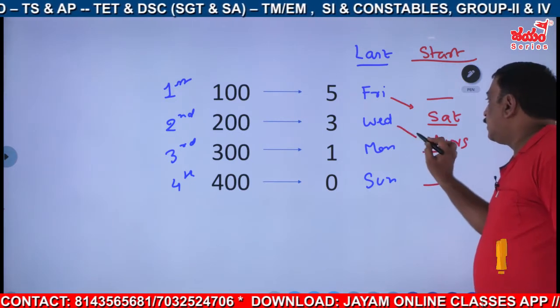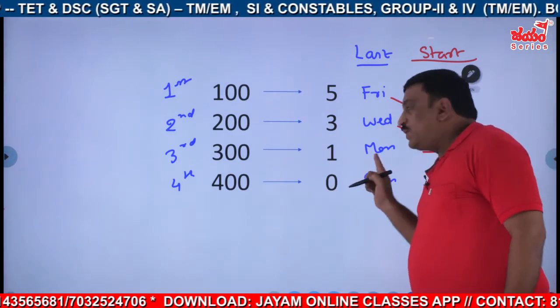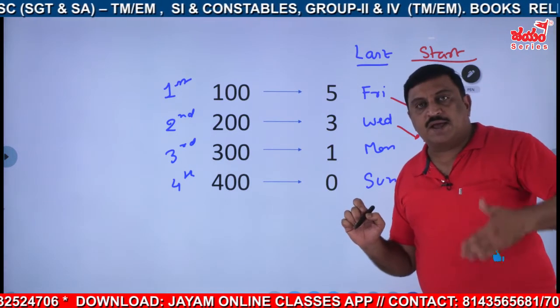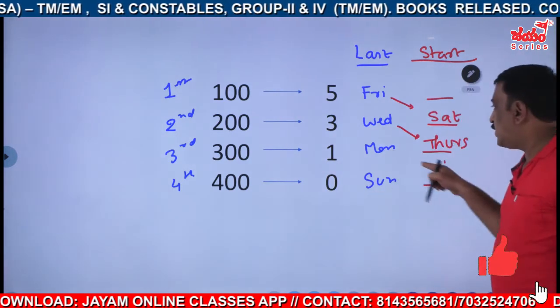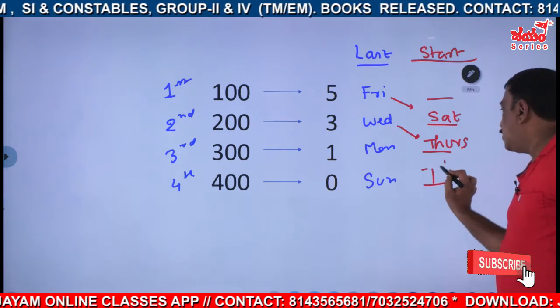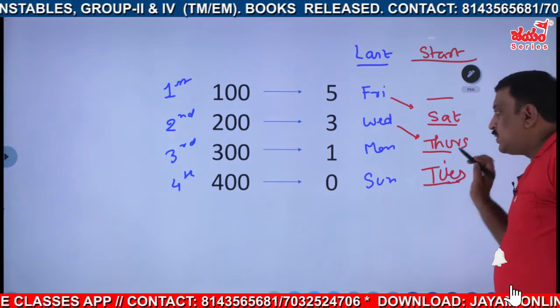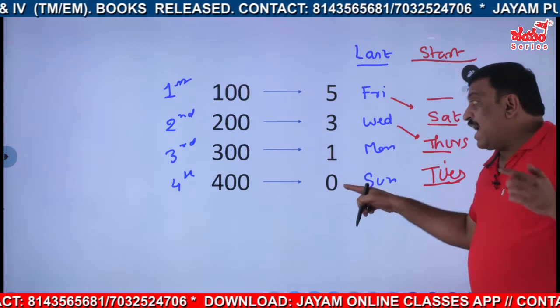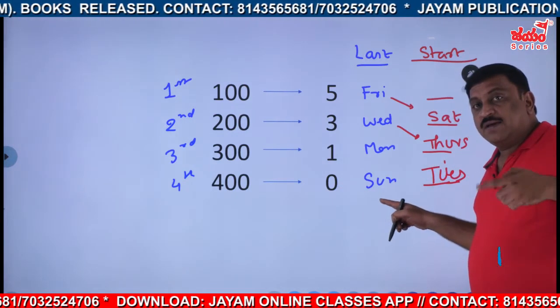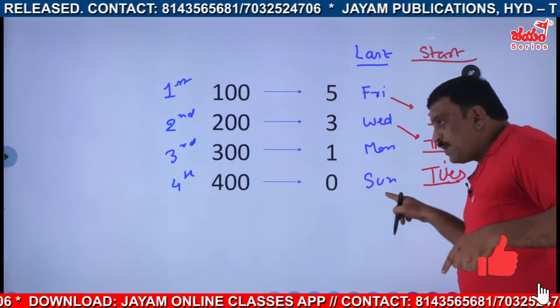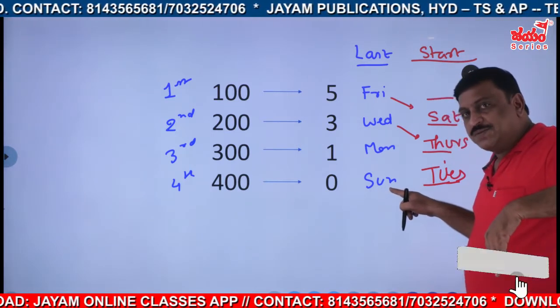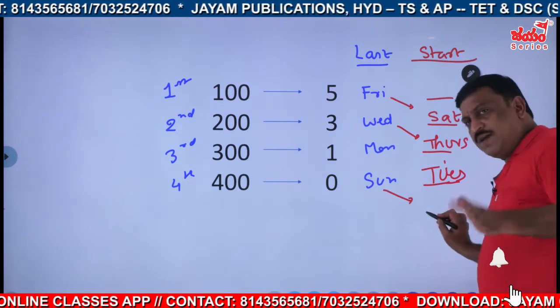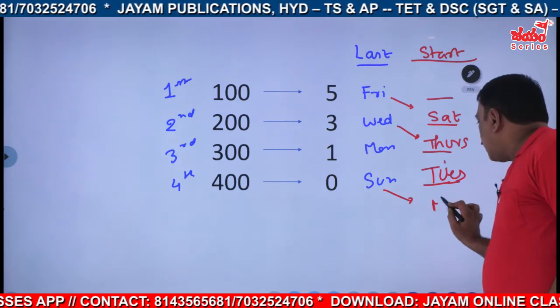The third century ends with Monday, which means the next century starts with Tuesday. The fourth century ends with Sunday, which means the next century starts with Monday.